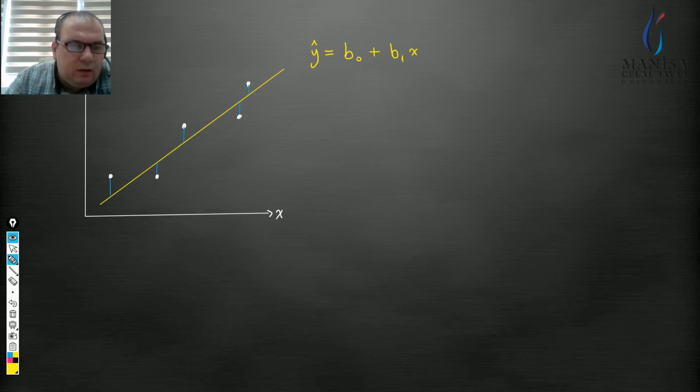This b0 is called the intercept, which is the point where this line crosses the y-axis, and this b1 can be called the slope or the regression coefficient, right?